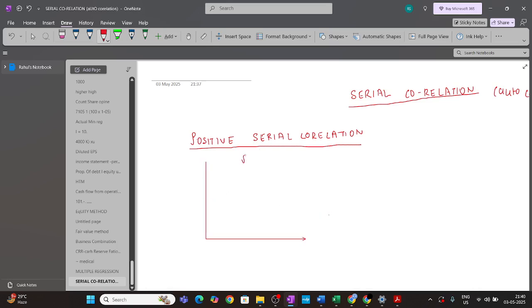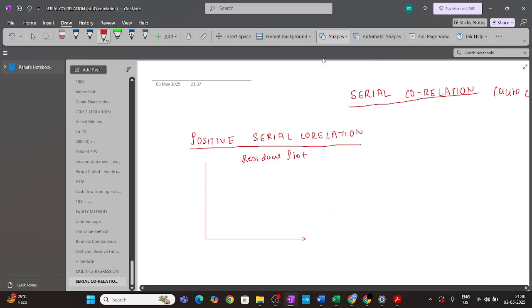So this is my again residual plot, right? So if I plot the errors, it's going to look something like this, right?